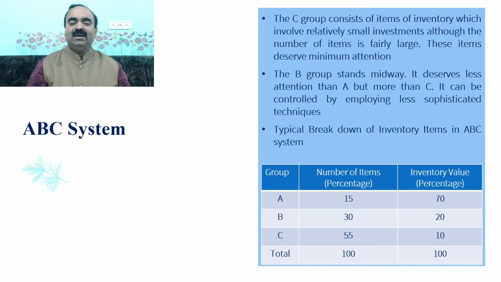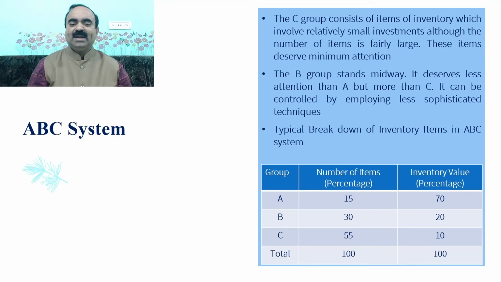I have given a typical breakdown of inventory items in the ABC system. In this table, I have taken group in the first column, number of items percentage in the second column, and inventory value percentage in the third column. A group items will be 15% in terms of number of items and 70% in terms of inventory value.